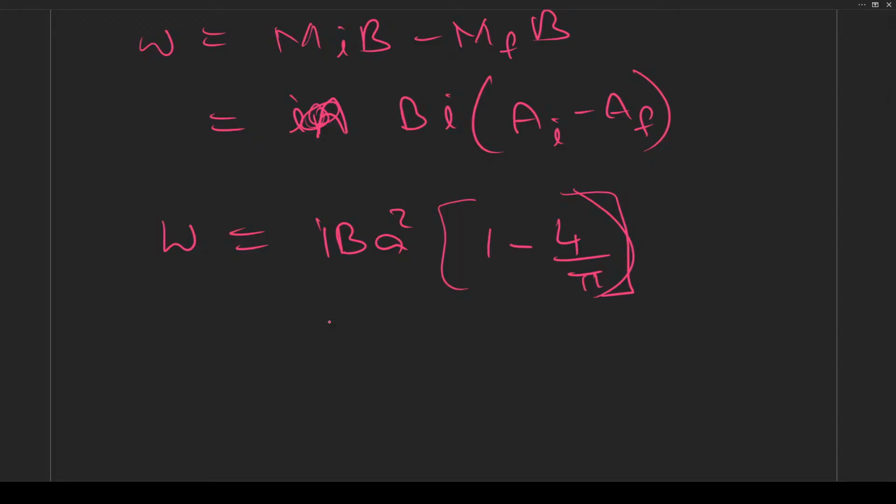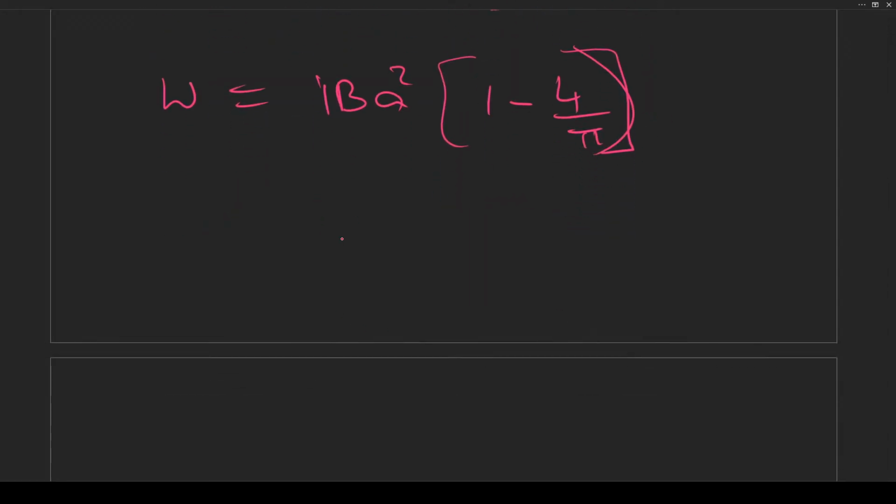To find the radius, since the total length of the wire is 4a, which is equal to 2 pi r, the circumference, the radius is 2a by pi.